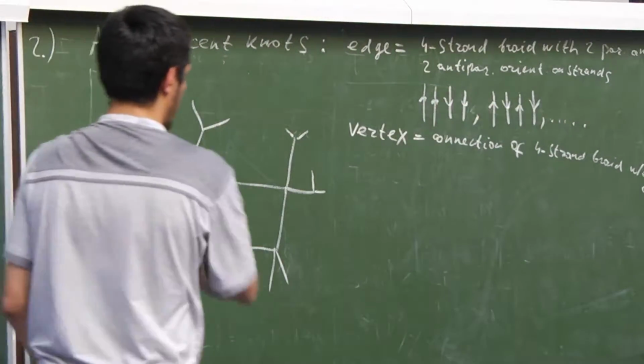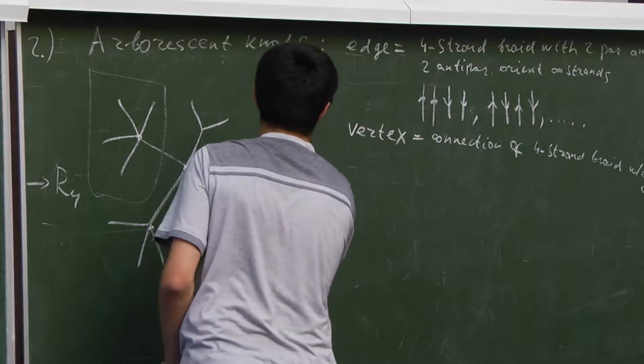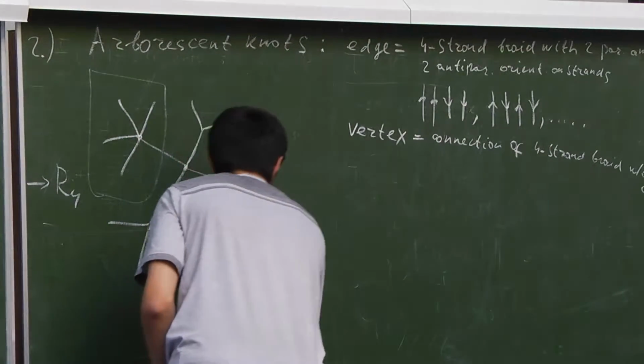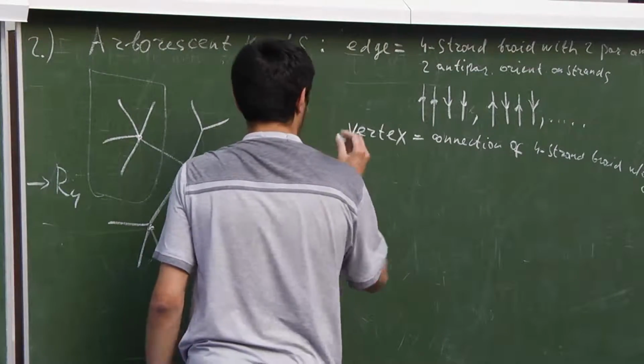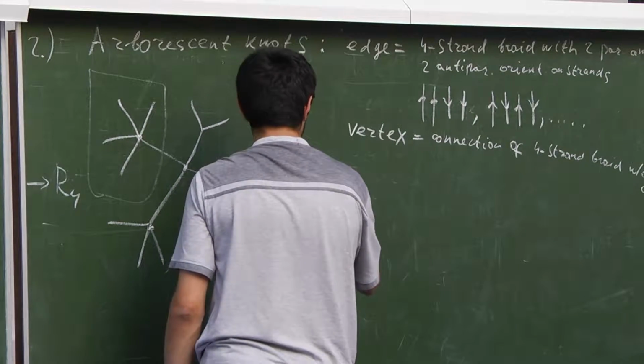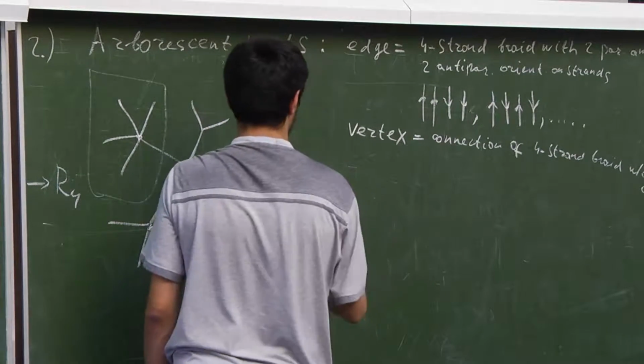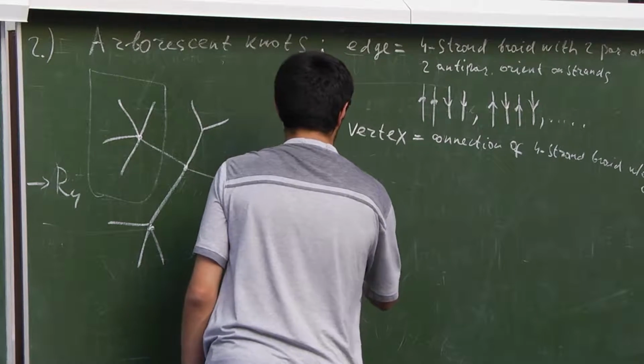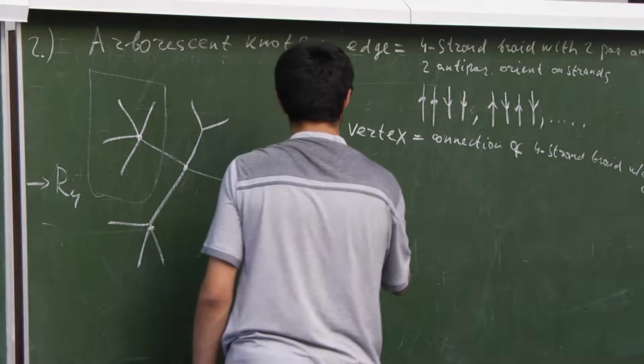Let me draw this part in detail, then it will be clear. So suppose that I have a 4-strand braid, with some orientation.